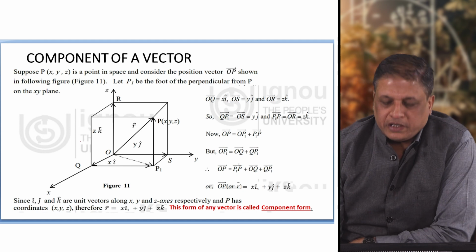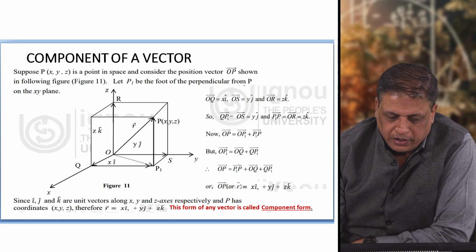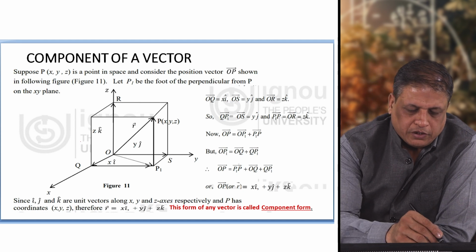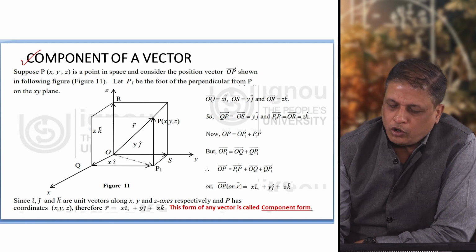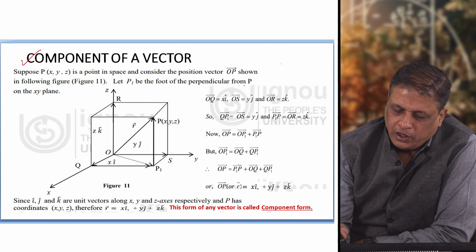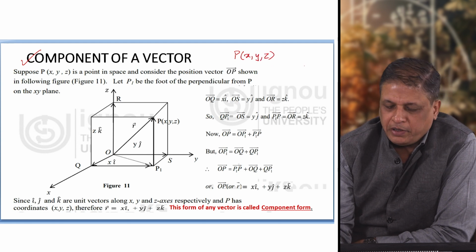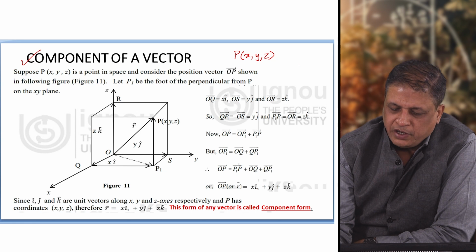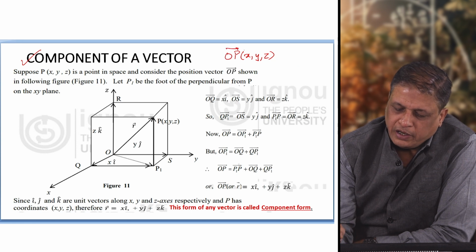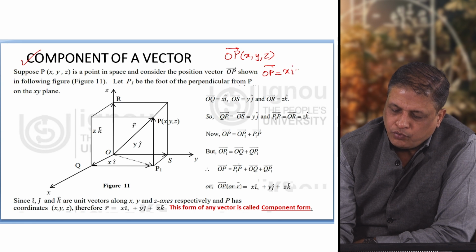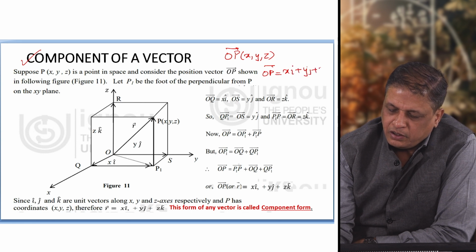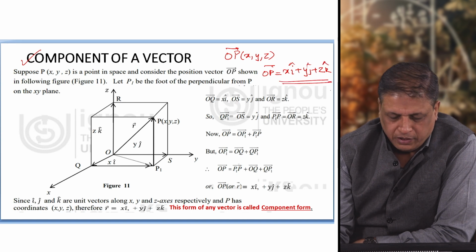Now, we are going to extend our discussion to understand about the components of the vector. We already learned about the component form of any vector. Say we understood that if point P, X, Y, Z is any point in 3-dimension space, then vector OP will be represented by Xi plus Yj plus Zk, and this is nothing but the component form of the vector.